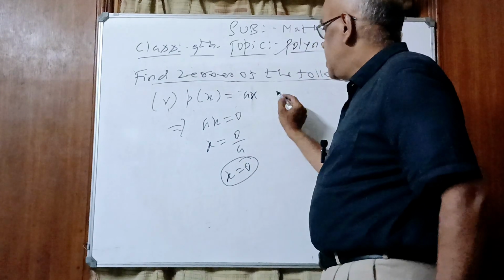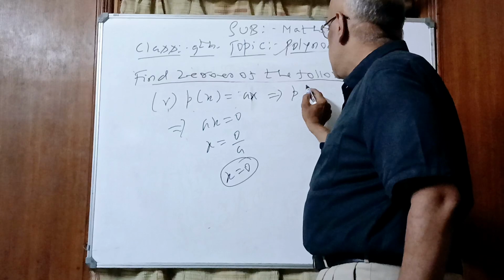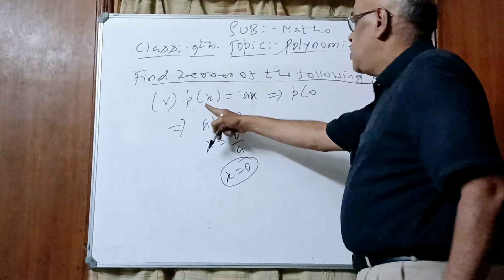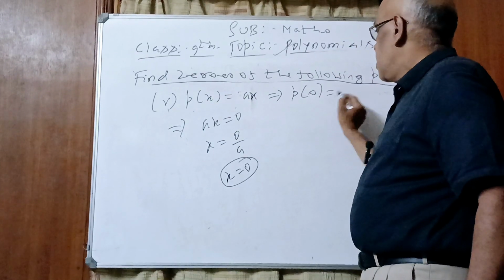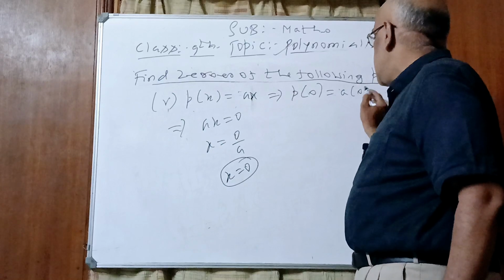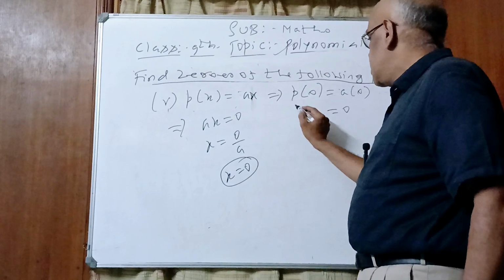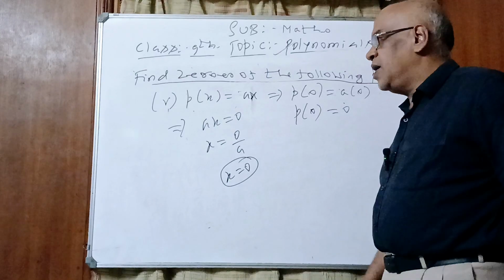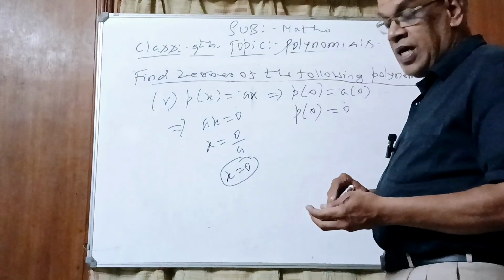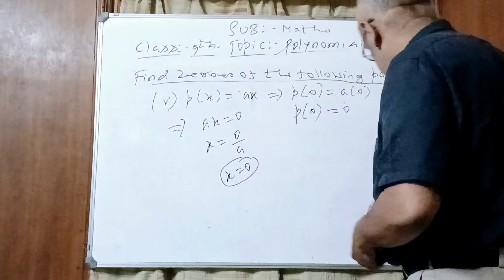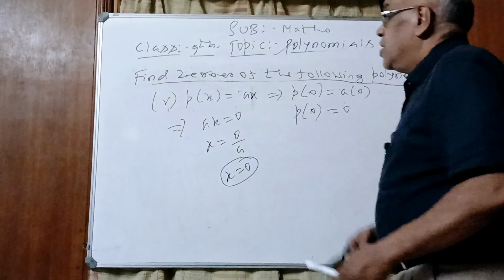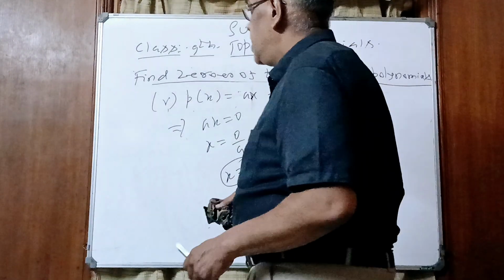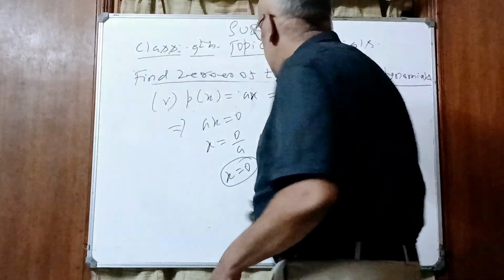Again, here 0 is the zero of the polynomial. Check. Put x is equal to 0. What is that? a into 0. Anything into 0 is 0. Therefore, 0 is the zero of the polynomial. Not necessarily always. Understood, children? Very interesting, yes or no?